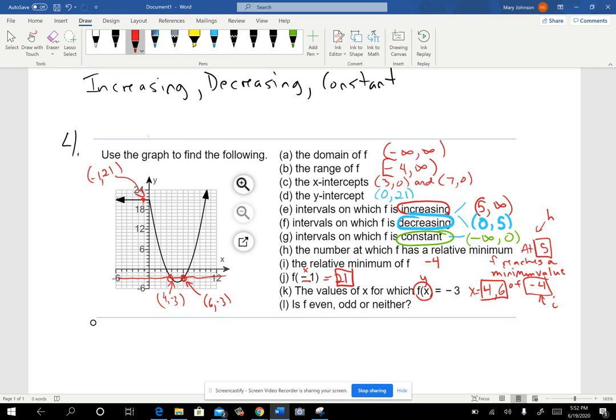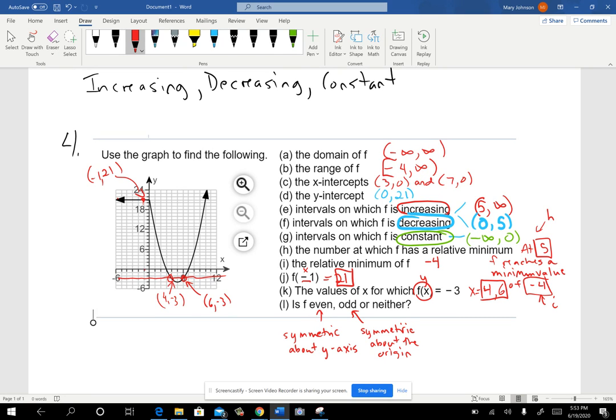All right, now we're not really doing the even, odd, or neither. Even functions are symmetric about the y-axis, so matching on both sides. Odd functions are symmetric about the origin.